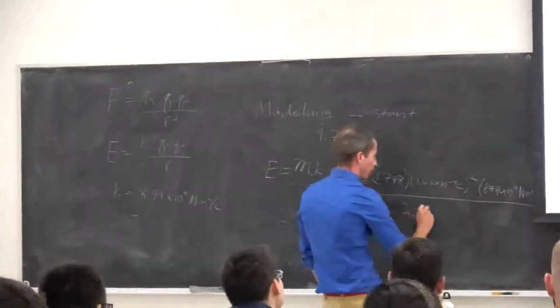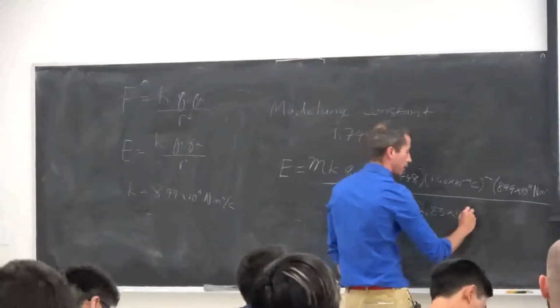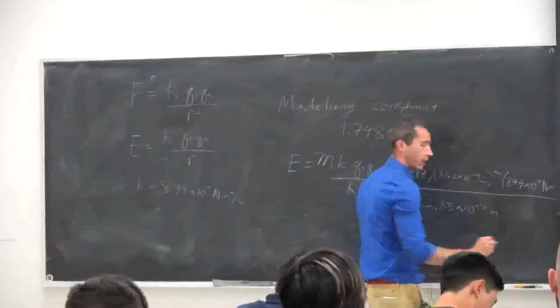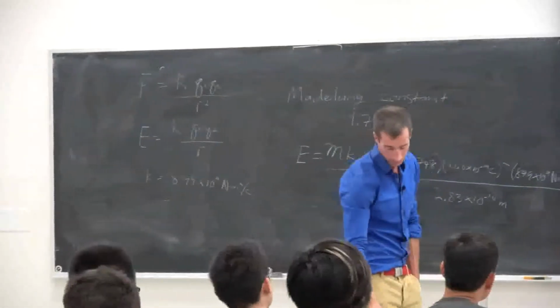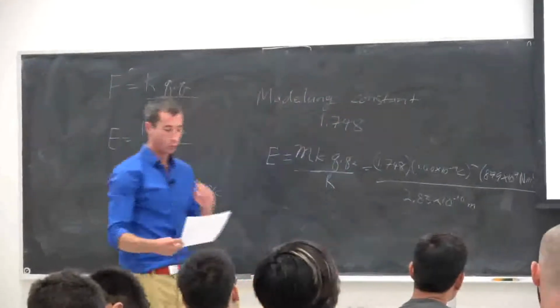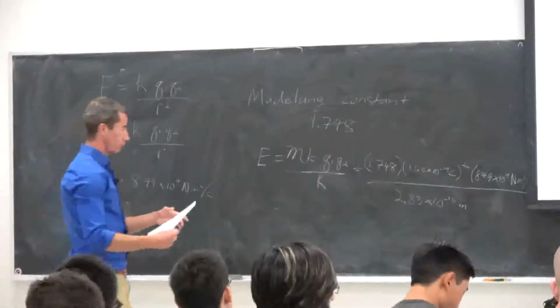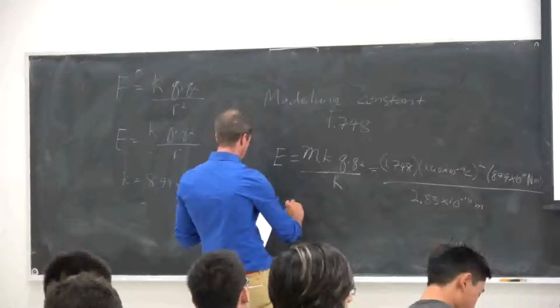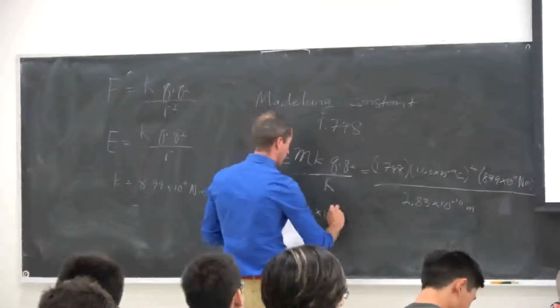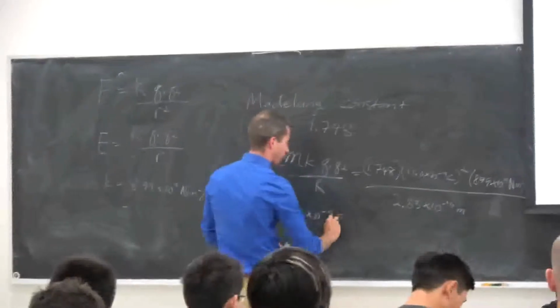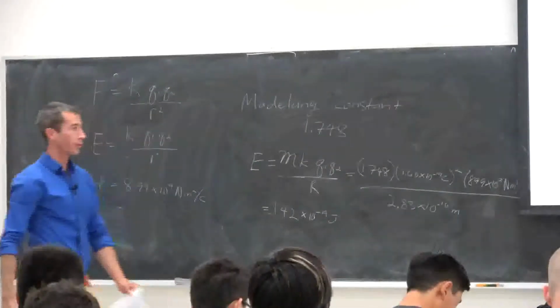So now if this is over 2.83 times 10 to the negative 10th meters, I think that's right, I get 1.42 times 10 to the negative 19th joules. What do we still have to do to this?